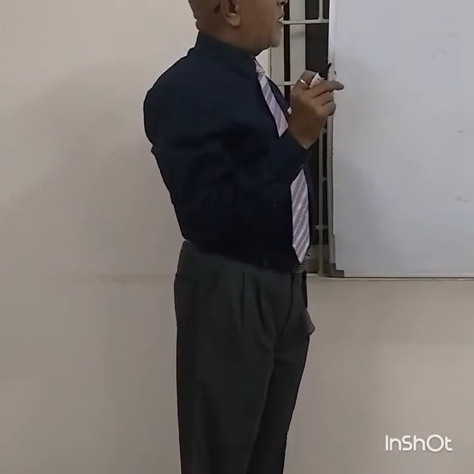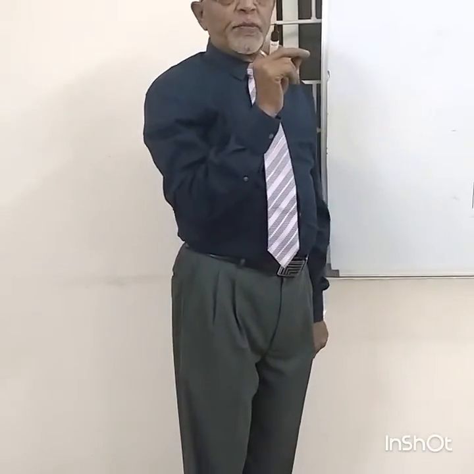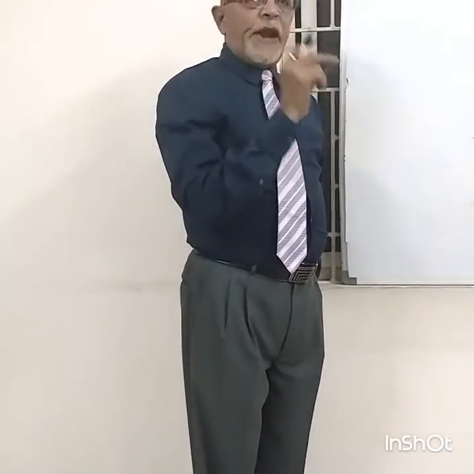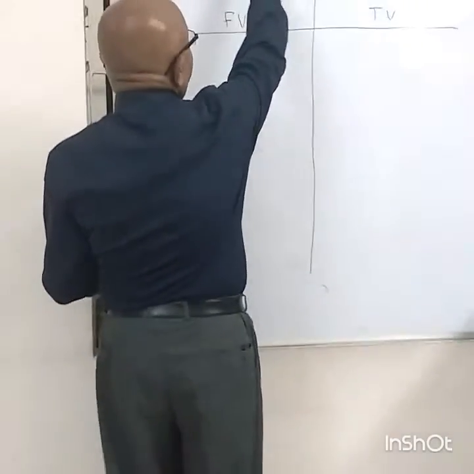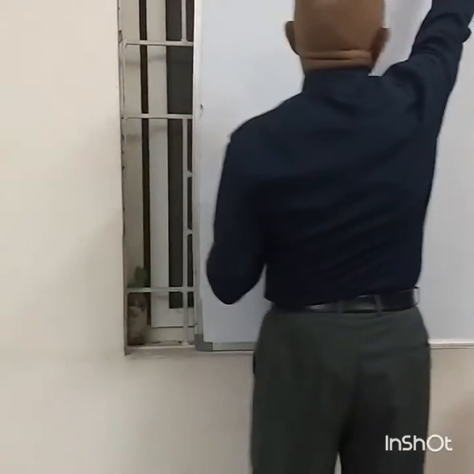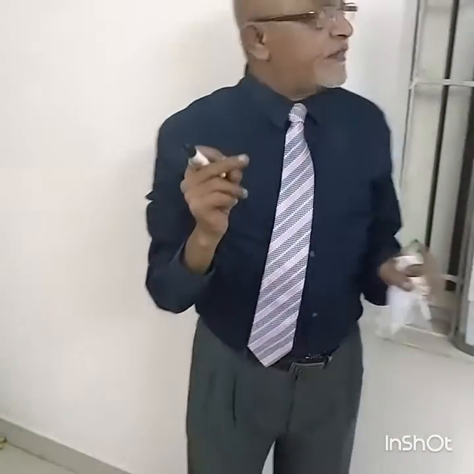We say any distance of the object from the horizontal plane is represented in the front view. Now, if the distance of the object from the horizontal plane is 0, then the distance of the front view from XY will also be 0, which means the front view of this point A, or one end of the straight line A, will lie on XY.